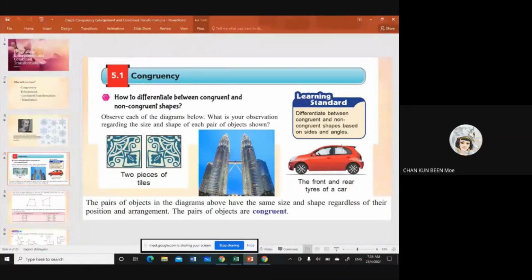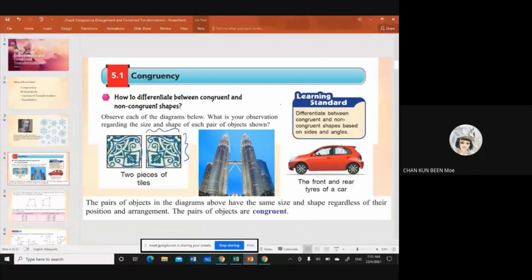They are both the same. Yes, the size is the same, right? Because the length and width are the same size. What about the shape? The shape is actually the same, and then you look at the pattern inside. Also the same, right?